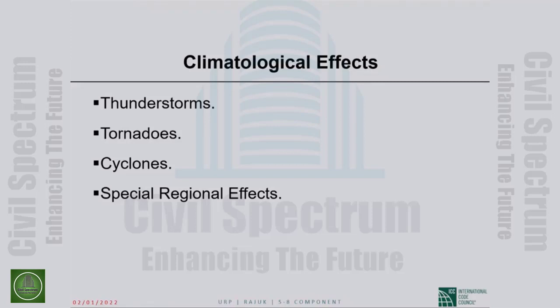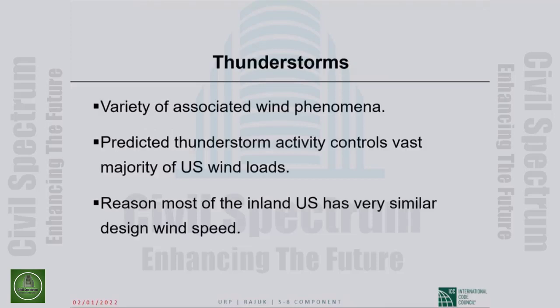So: thunderstorms, tornadoes, cyclones or hurricanes, and special regional effects. When we say thunderstorms, it means a variety of associated wind phenomena. It is kind of an umbrella that holds a lot of different storms.